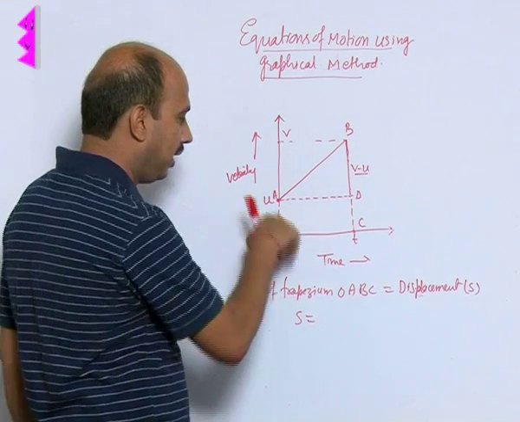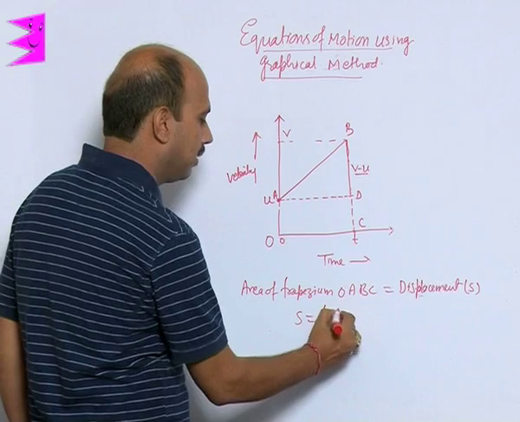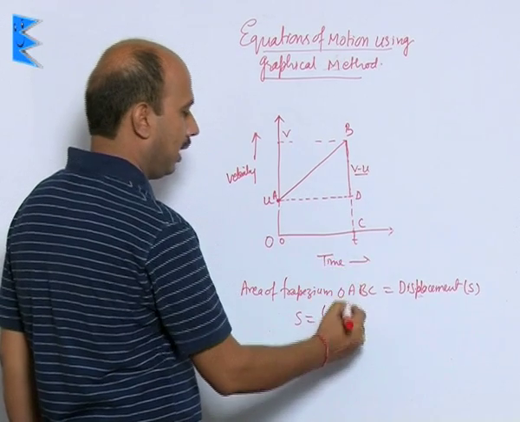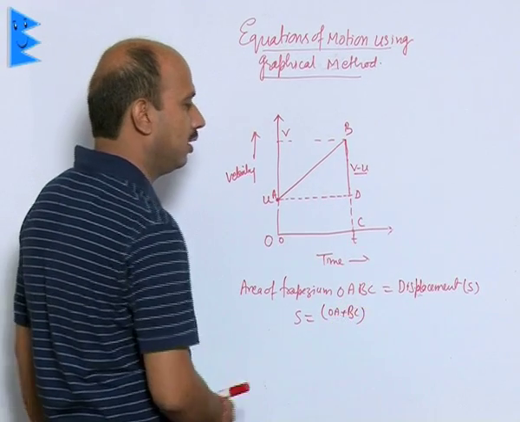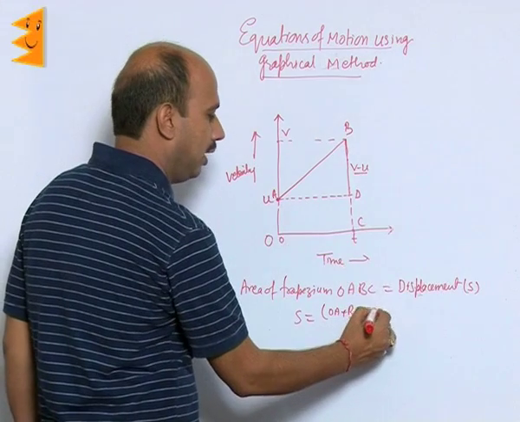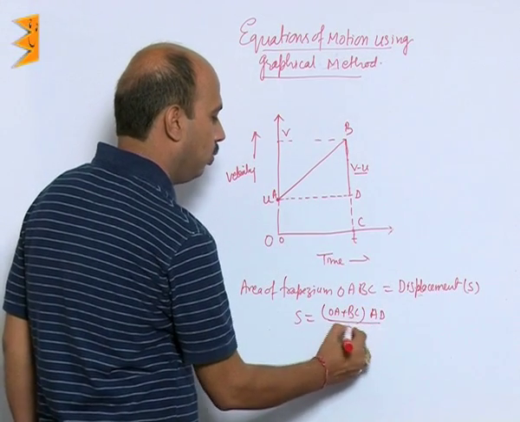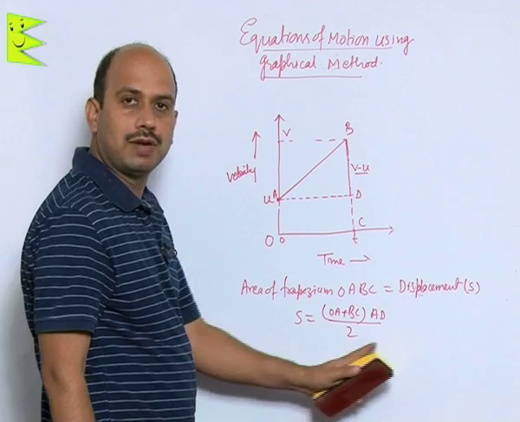Sum of the two parallel sides, OA plus BC, into height AD, divided by 2.